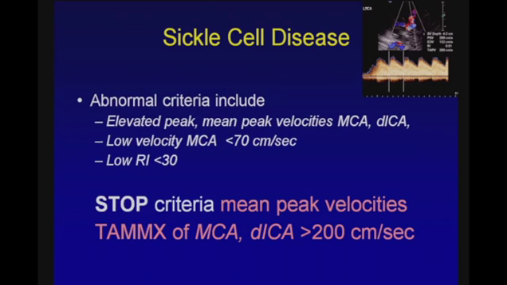This screening includes looking at the peak systolic velocities and mean peak systolic velocities of the MCA, distal ICA, and ACA. The STOP criteria uses the mean peak velocity of the middle cerebral artery and distal carotid artery if they range over 200 centimeters per second.